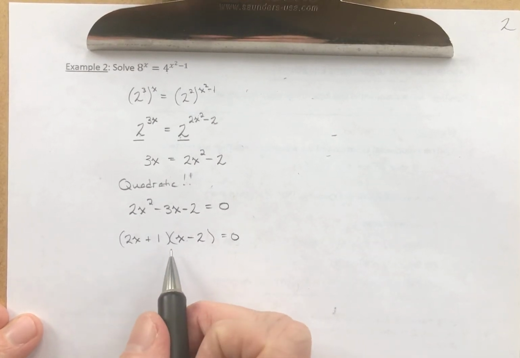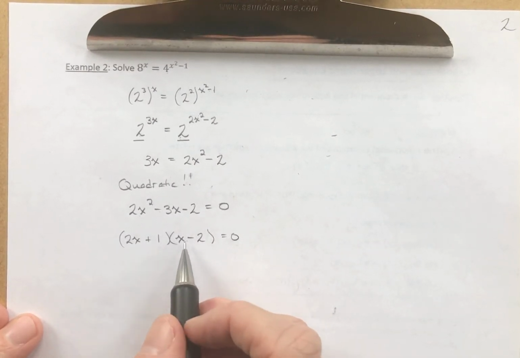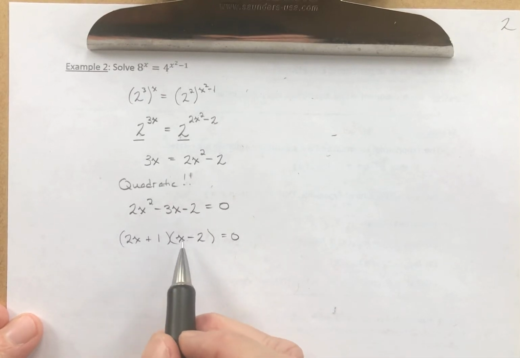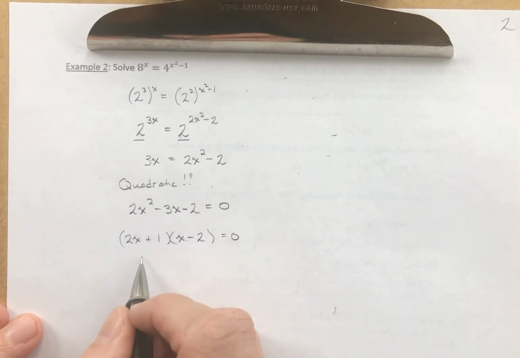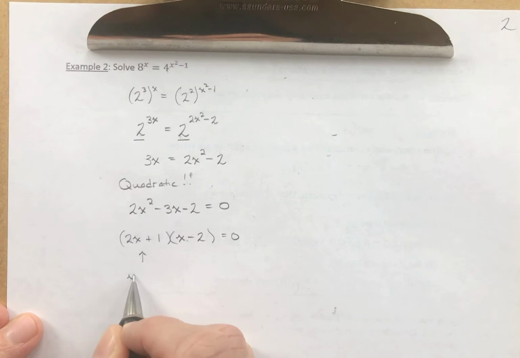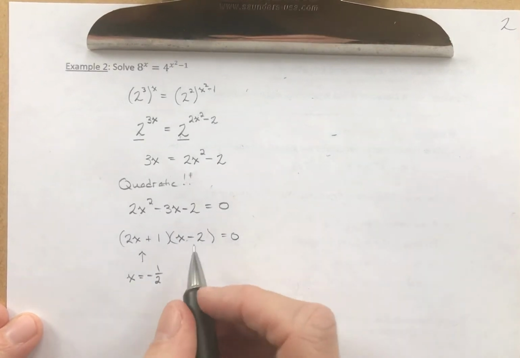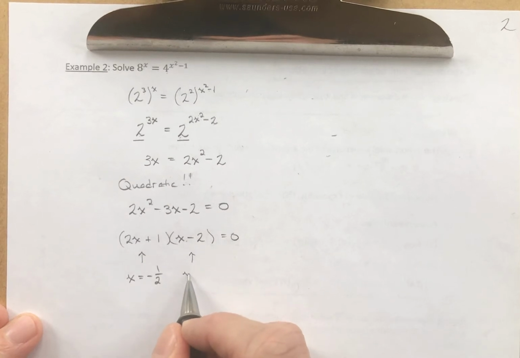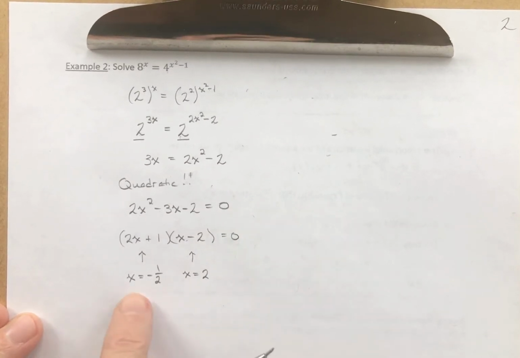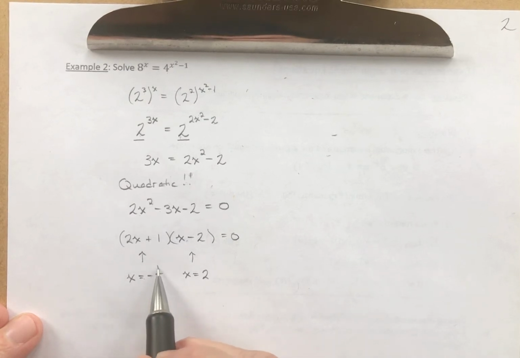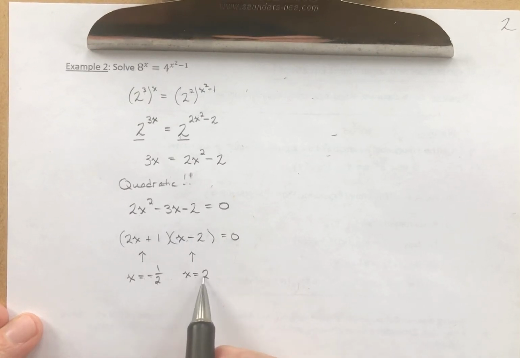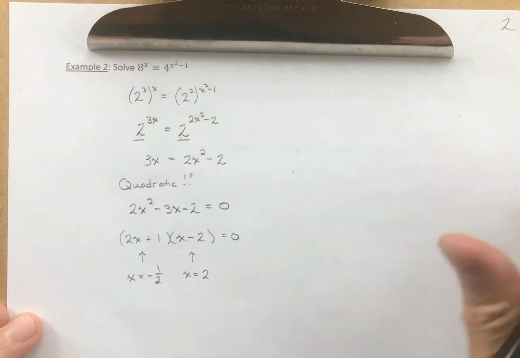And now we use the zero product property. Anything times 0 equals 0. So this is equal to 0 when x is equal to negative 1/2, and this one is equal to 0 when x is equal to 2. So we have two answers, we think. x is either equal to negative 1/2 or x is equal to 2.